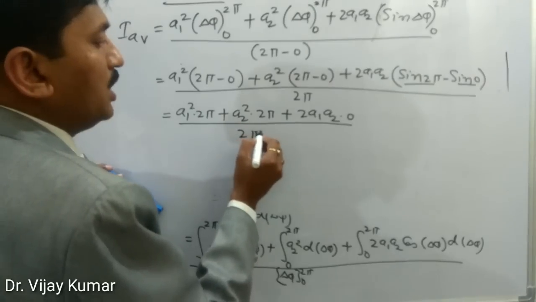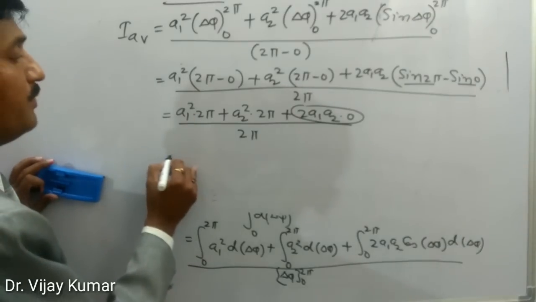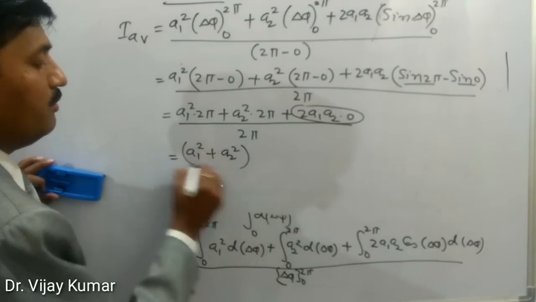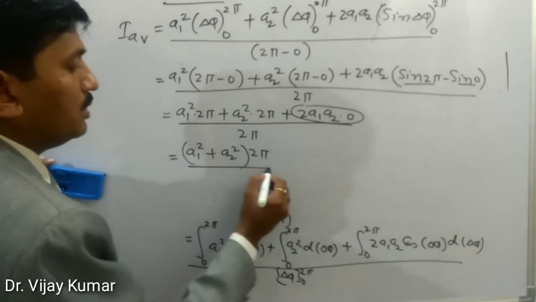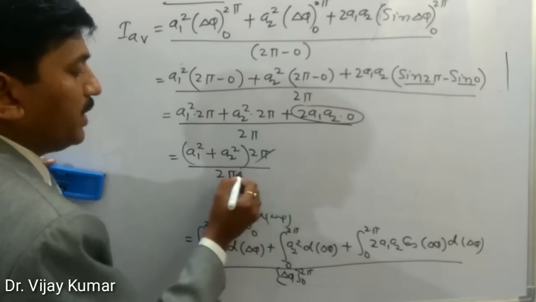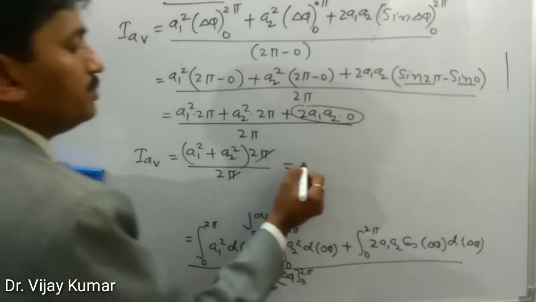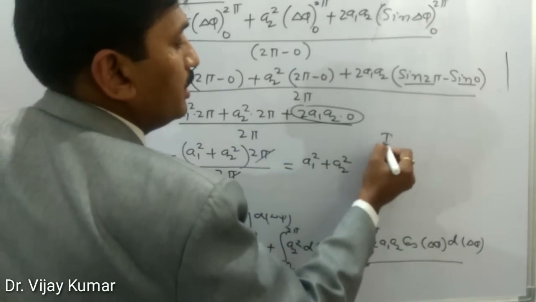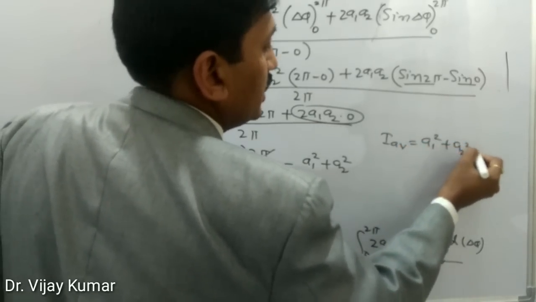Now this term becomes 0, and for a1 square plus a2 square, if we take 2 pi common from these two terms, the 2 pi cancels out, and the average intensity is a1 square plus a2 square.